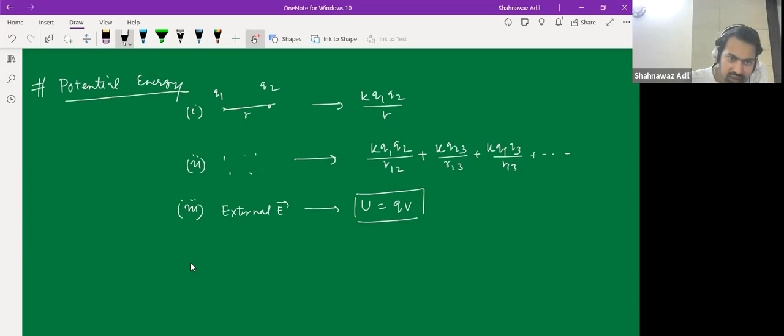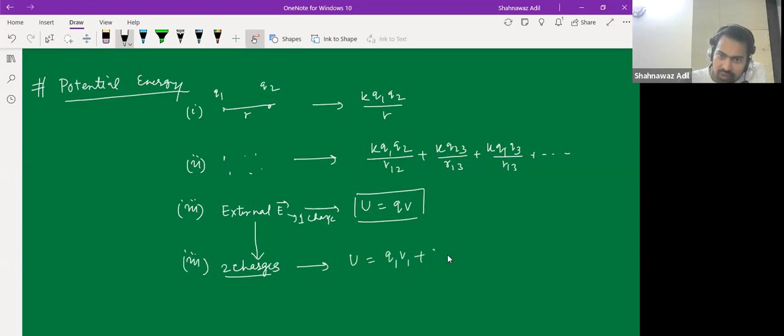And then we calculated for two charges. So in the presence of the external field, this was Q1V1 plus Q2V2 plus kQ1Q2 by R, right?